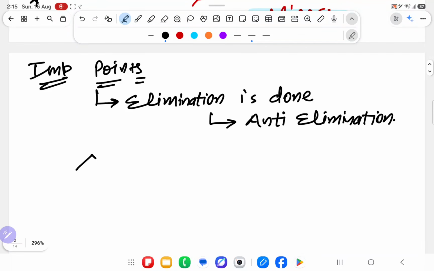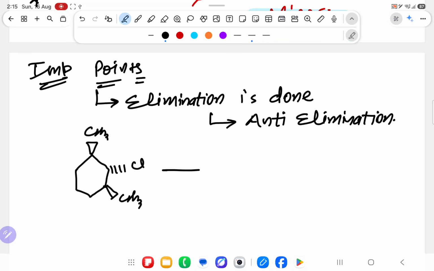Suppose I take one example. Over here I have taken Cl on the dash and CH3 on the base, and over here also I have taken one CH3 on the base. Now I will react this with some negative base. You will remove this Cl from here.